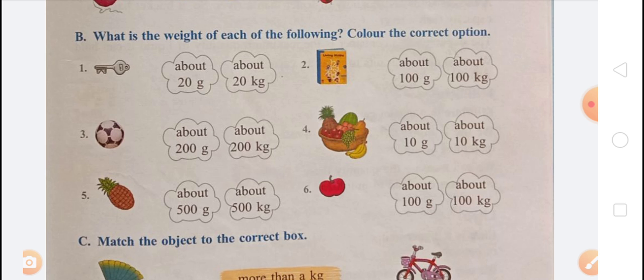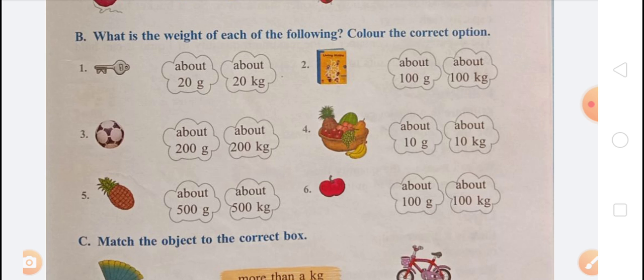On fourth there is a fruit basket, and the weight is about 10 kg, so we color 10 kilogram. On fifth there is a pineapple, and its weight is about 500 gram, so we color about 500 gram. Next is an apple, and its weight is about 100 gram, so we color about 100 gram.